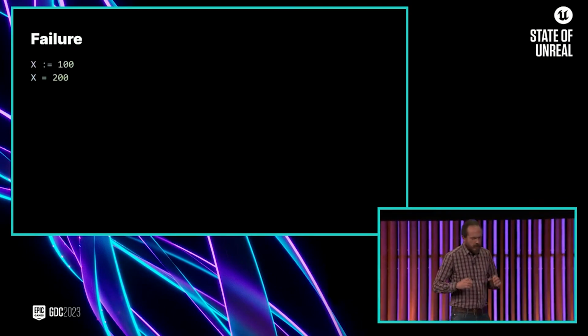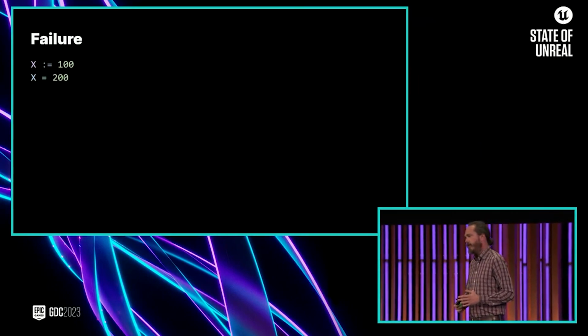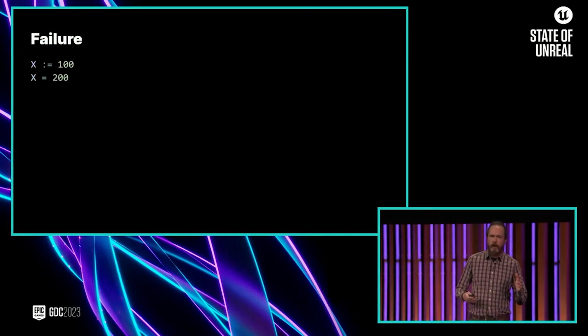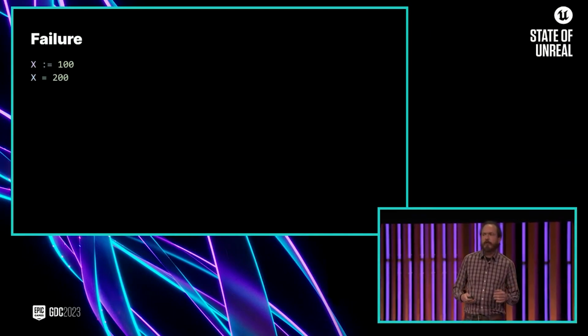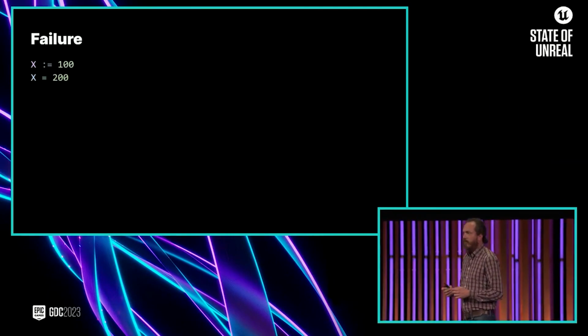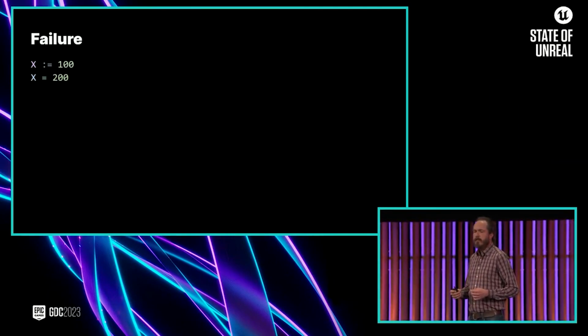All right, now let's talk about where Verse really diverges from other languages. Verse is inspired by functional logic programming, which means that instead of relying on Booleans for conditions, it relies on success and failure. So here I've written a Verse program that first says that x is 100, and then says that x is 200. That's a contradiction, so the program will fail.